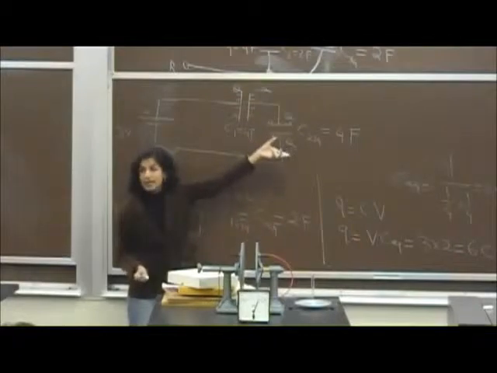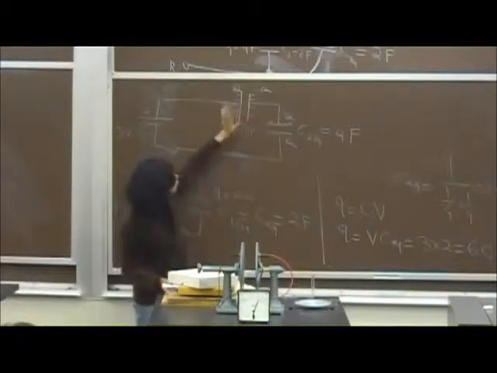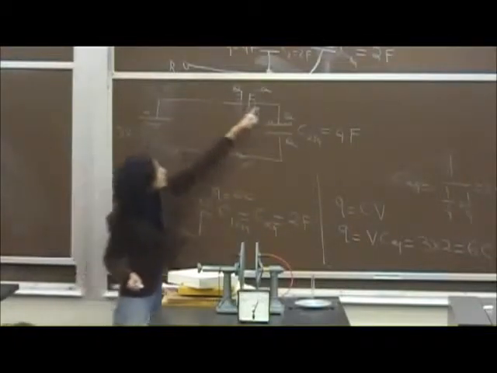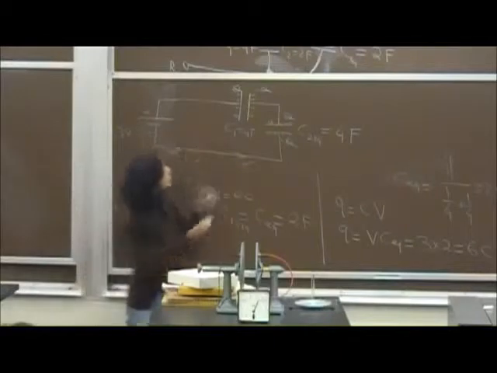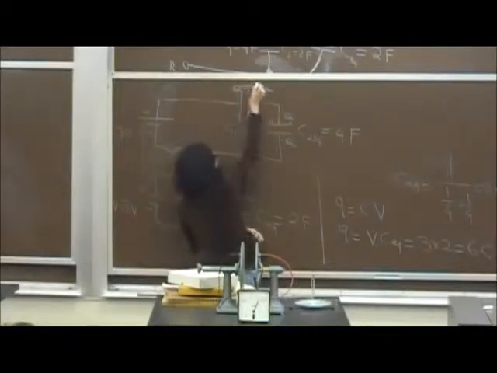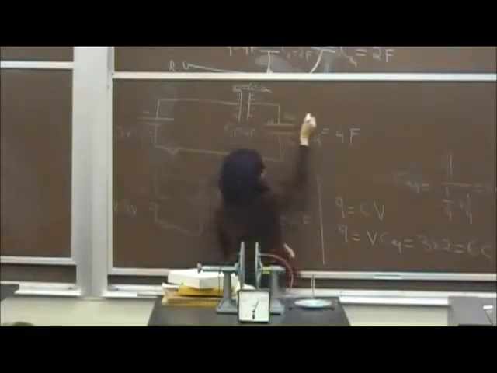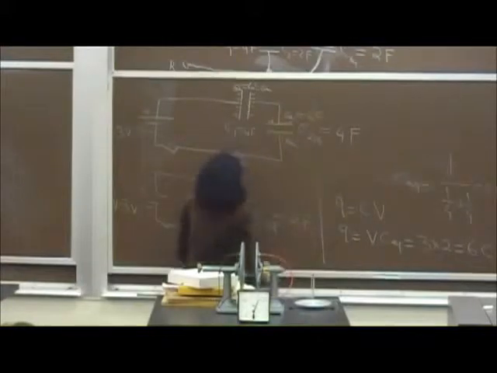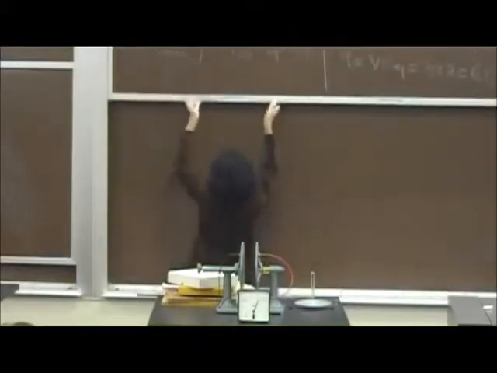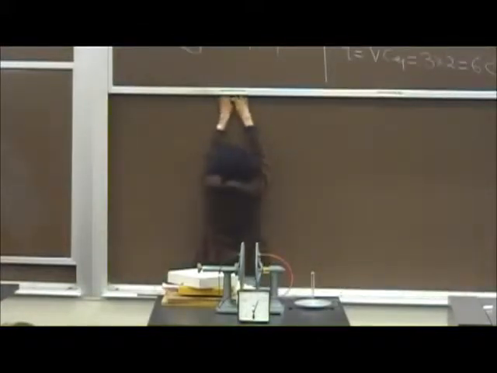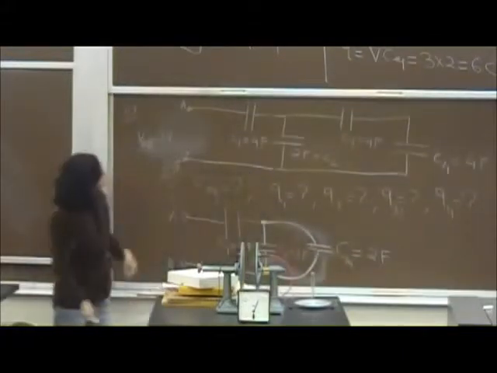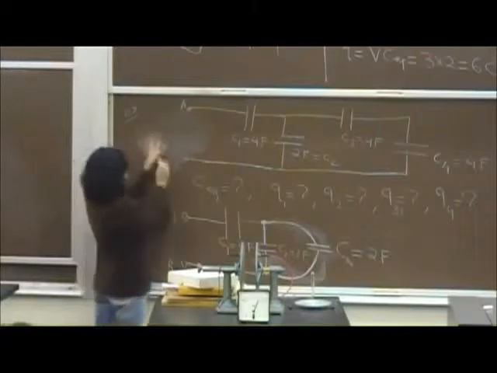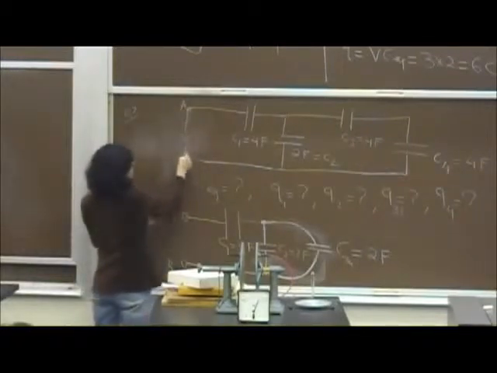Yeah, it will be, because you can see that these two are in series with the battery, right? So here also the charge will be 6 coulomb and here also the charge will be 6 coulomb. Basically going back, if you look here, let's say that this is my battery here.